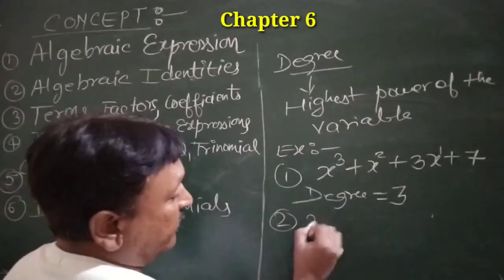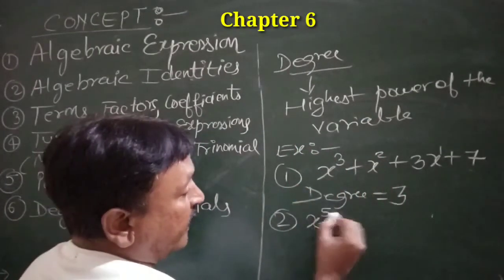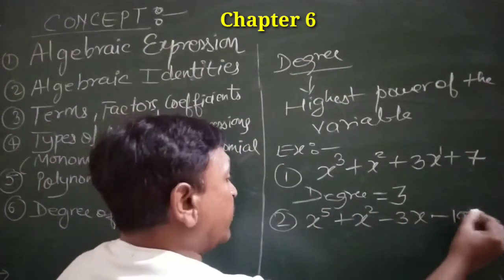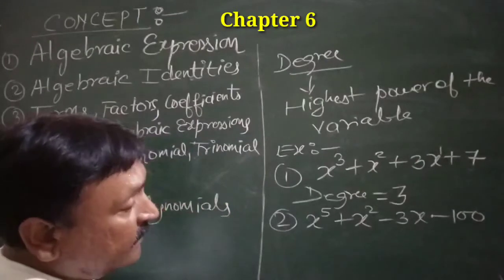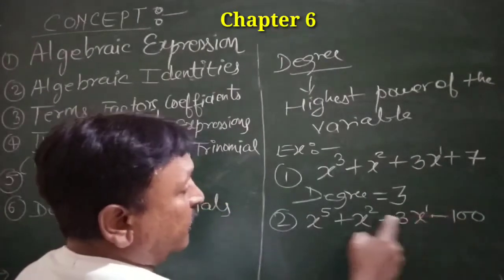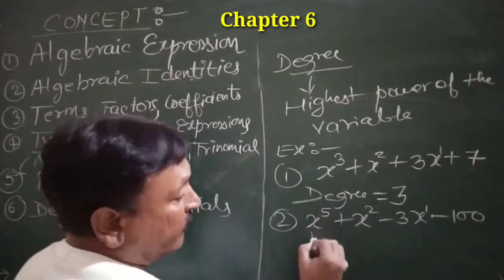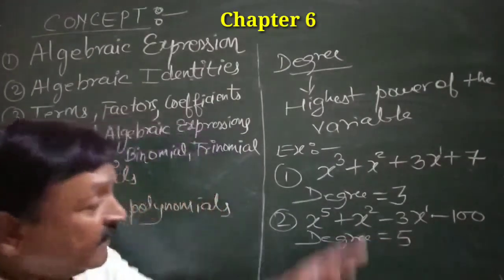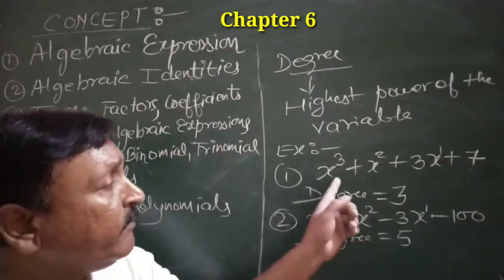See one more case, x raised to the power 5 plus x square minus 3x minus 100. Again, just see the power of the variables: 1, 2, 5. The highest power is 5, so its degree is 5. This is a case when only one variable is used.